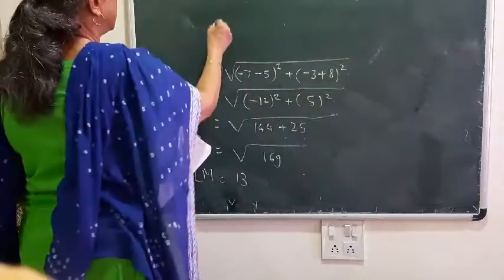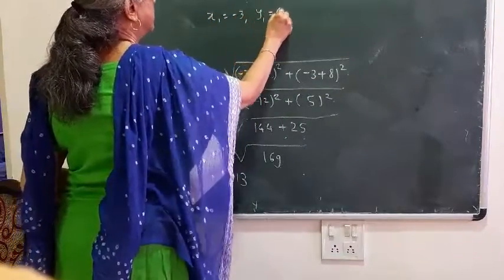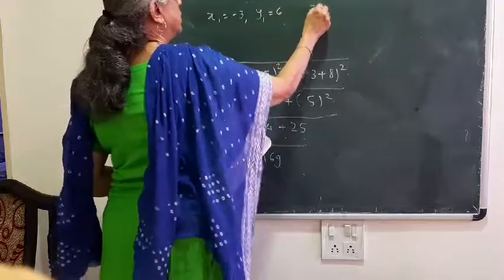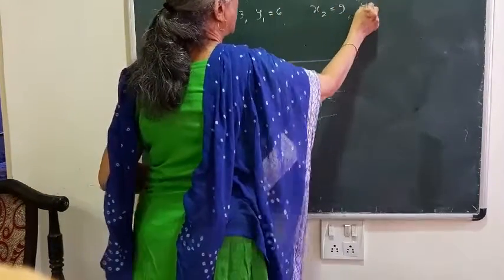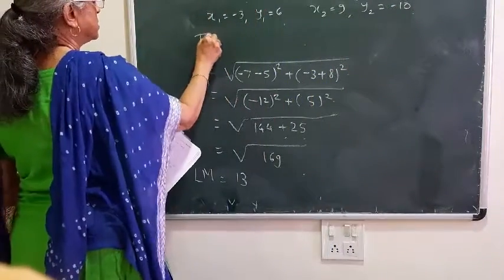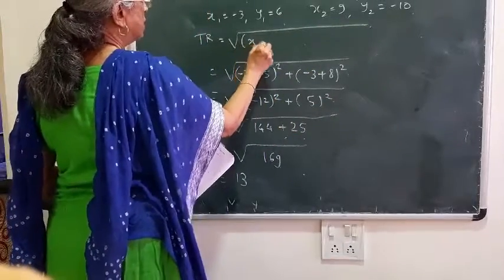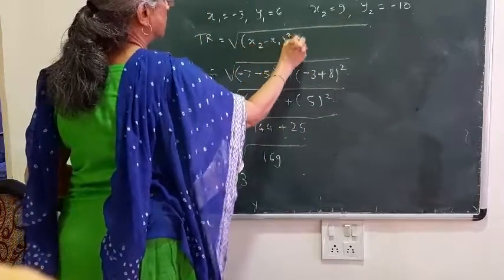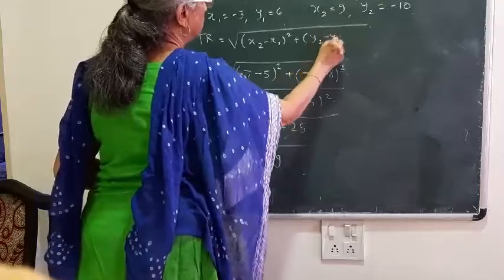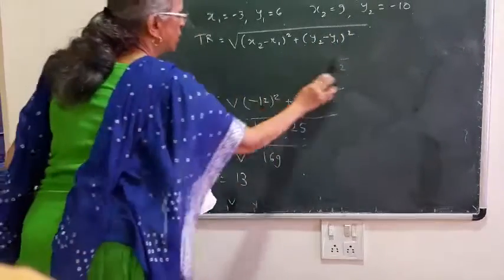The first coordinate is always x1, y1. Then x2 is 9, y2 is minus 10. So what is the distance formula? We are going to find the distance TR. Again write (x2 minus x1) bracket square. All are done by the same method. That is why you can do the homework.